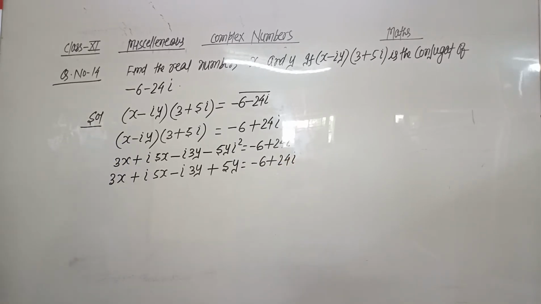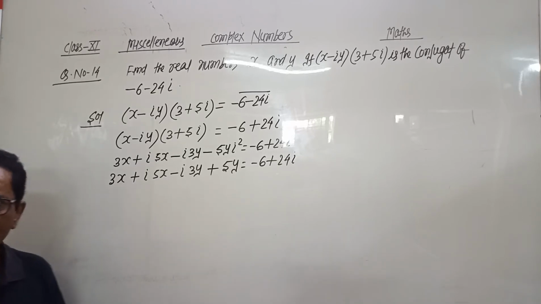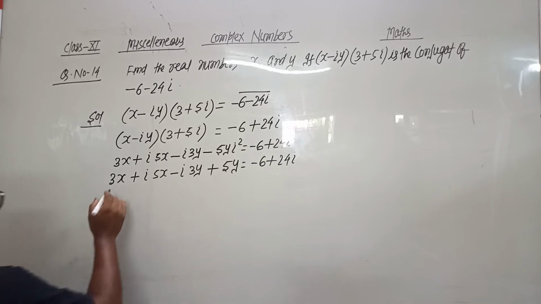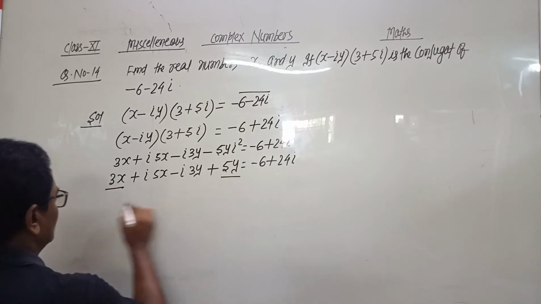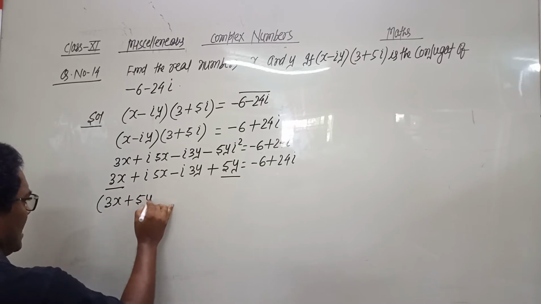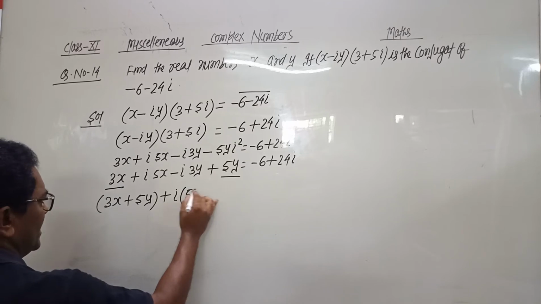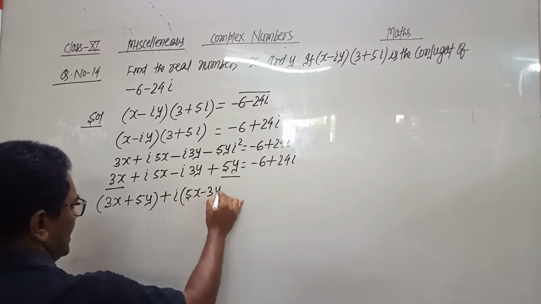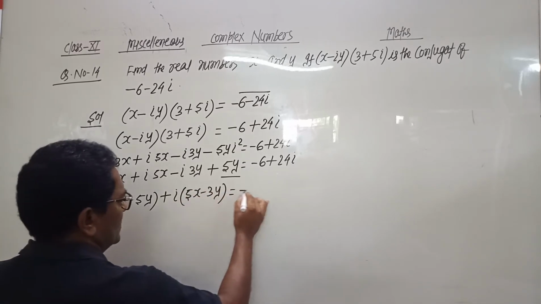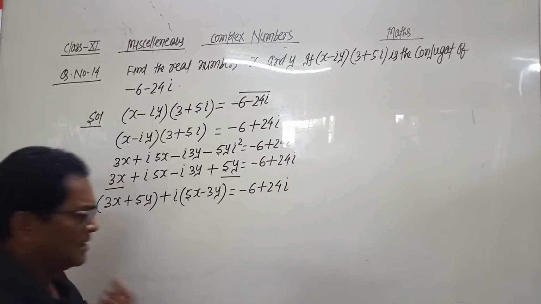From the left side we write the real part and imaginary part together: the real part 3x plus 5y, and taking iota common, 5x minus 3y, equals minus 6 plus 24 iota.